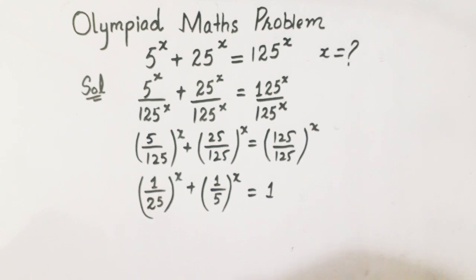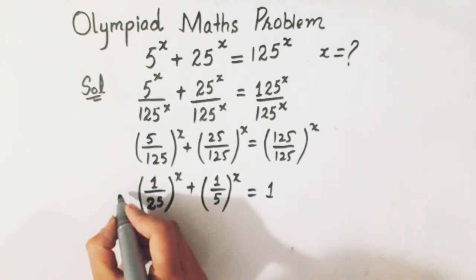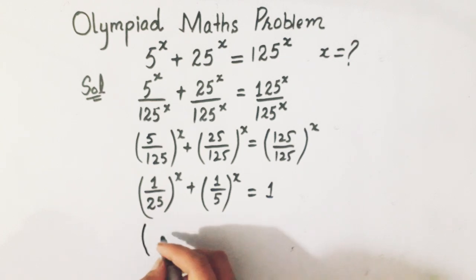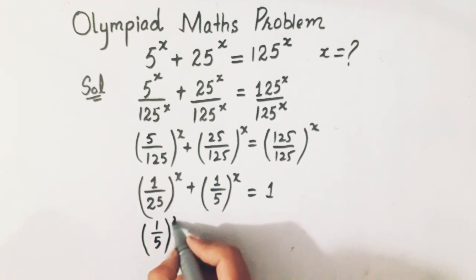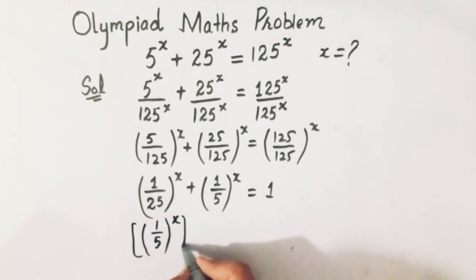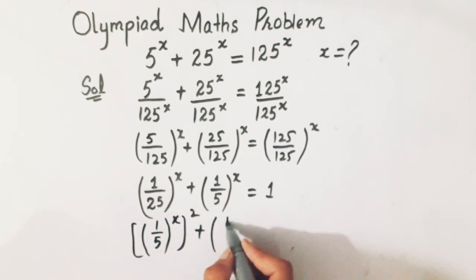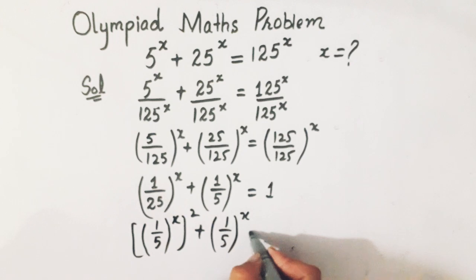Now we will solve this further as, make a supposition like this will become 1 by 5 square, so we can write this as, and this will be 1 by 5 x equals 1.